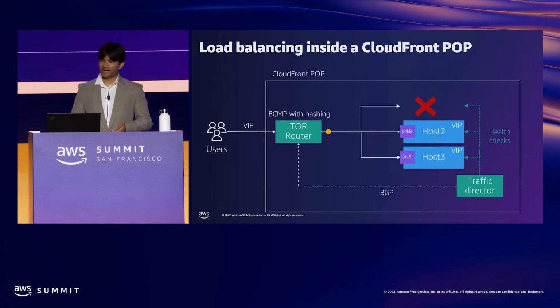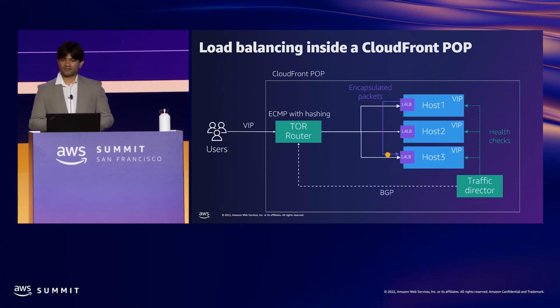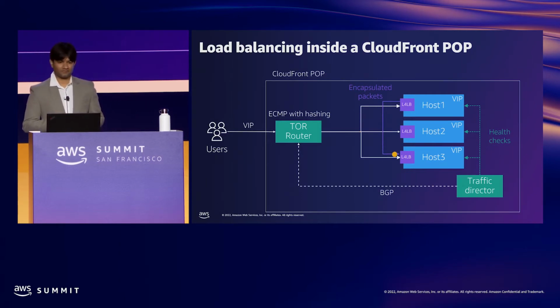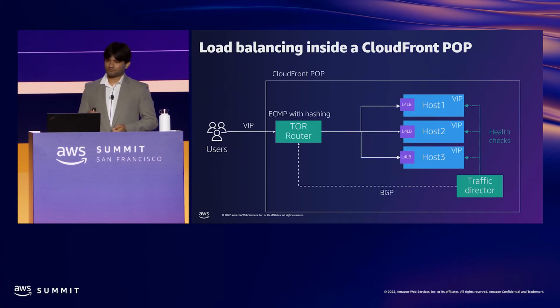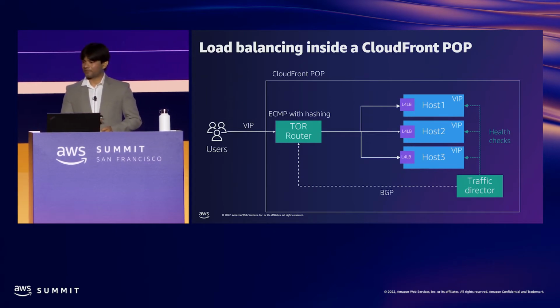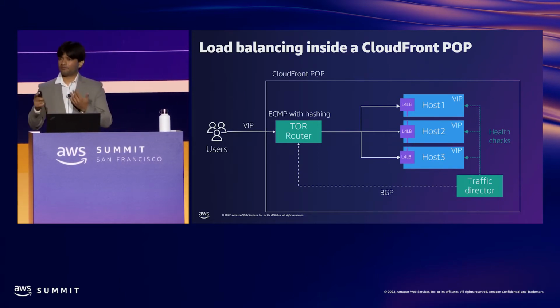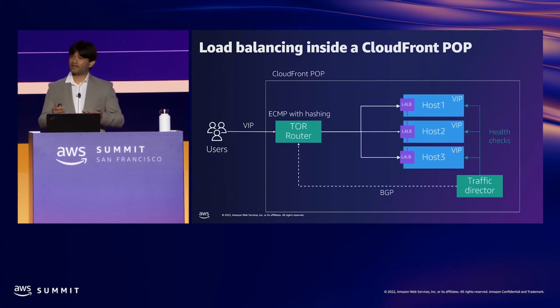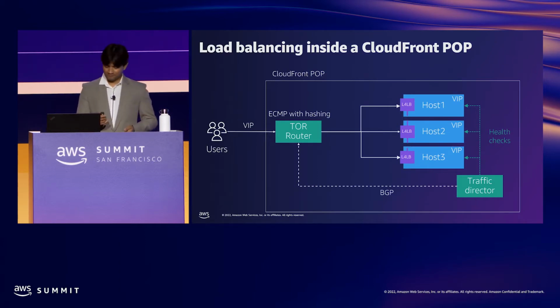Say host 1's down, the L4 load balancer will send the packet to host 3, and your customer's experience remains uninterrupted. And we use gossip protocol between the L4 load balancers to exchange the host information between them. And just by doing this, we saw a 10x improvement in downtime in CloudFront, and we're not going to stop there.